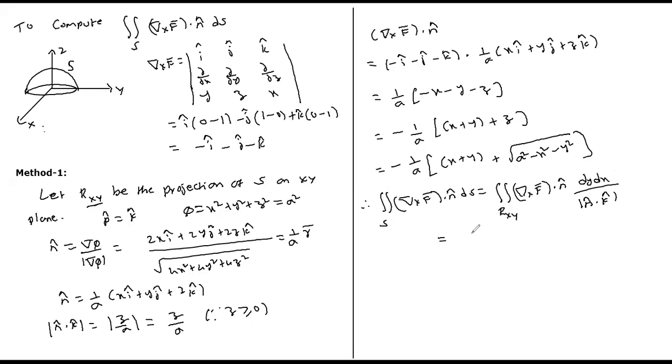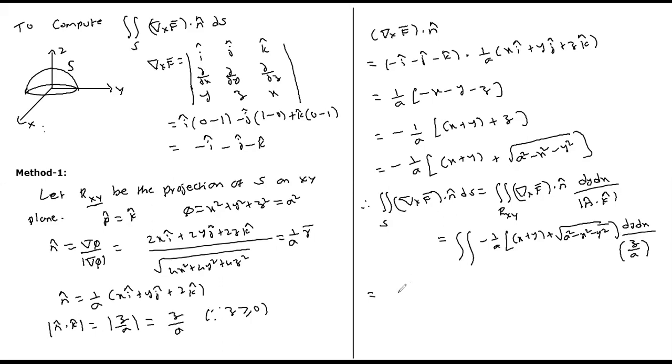Now see the difficulty. What is curl f bar dot n bar? Minus 1 by a times (x plus y plus under root of a square minus x square minus y square) into dy dx by modulus of n bar dot k bar, which is z by a, and a gets cancelled. Again, what is z here? z is extra. I have to eliminate this.